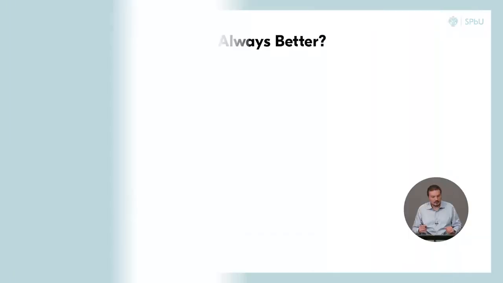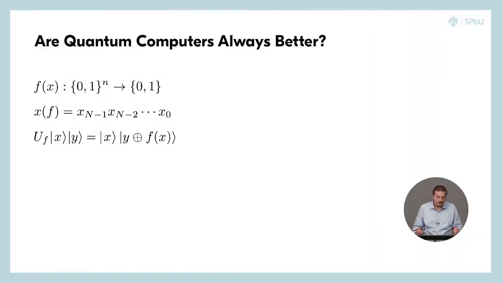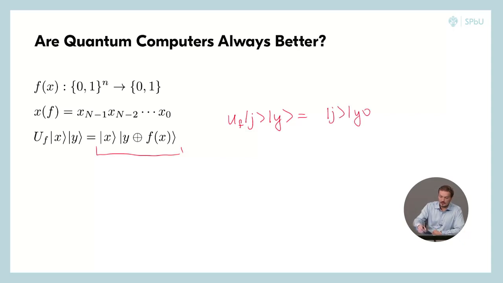And we introduce the quantum oracle, as we always do. We do it the same way as always. For example, if we put some index j here, like Uf applied to j, y, it will be j, y XOR 1.